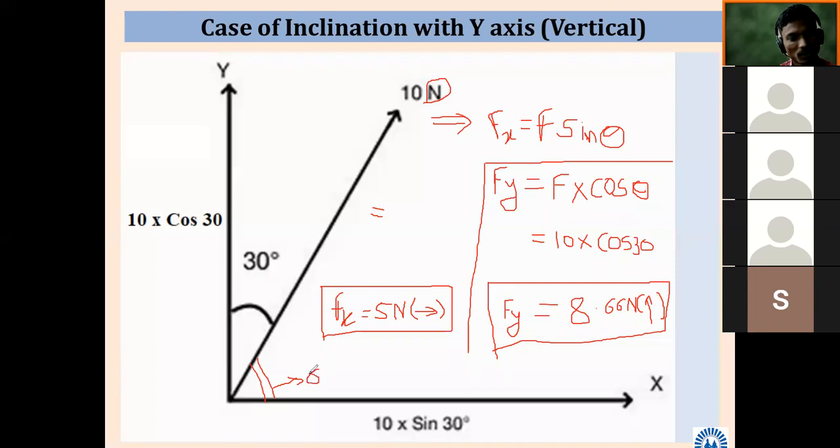F cos theta झाला असता आणि theta ची व्हॅल्यू 60 आली असती.